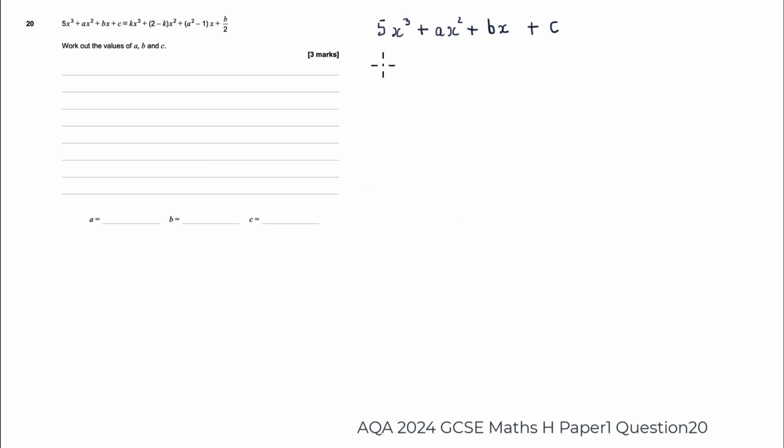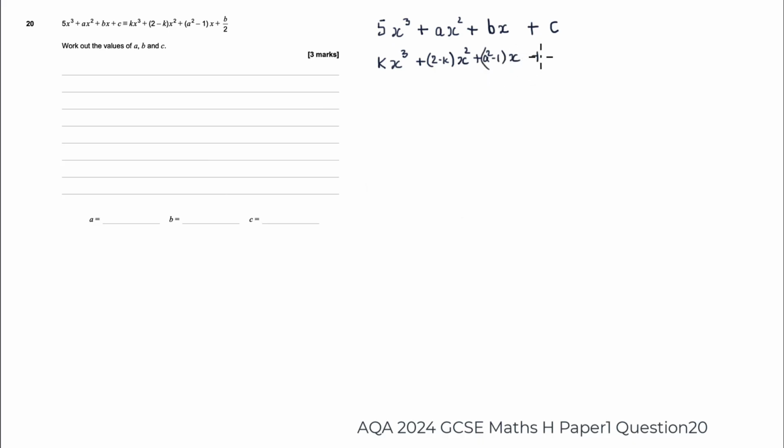Now the right-hand side of that identity is k x cubed. We've got 2 minus k lots of x squared. We've got a squared minus 1 lots of x.